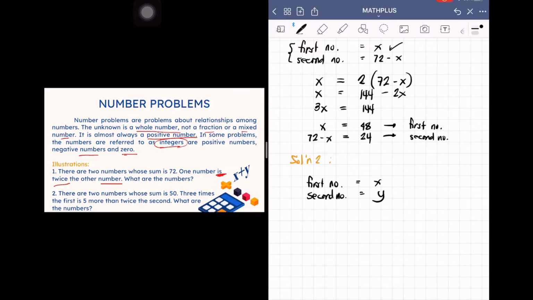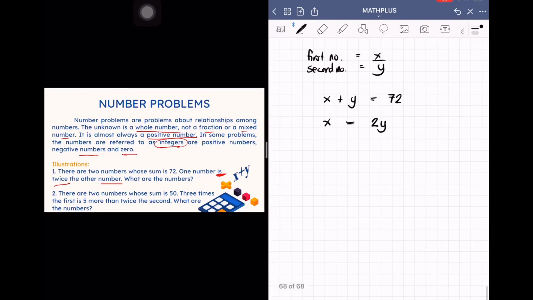The first statement says that these two numbers have a sum of 72, which means if you add x with y, you should get 72. Aside from that, if you translate the second statement, one number is twice the other, you can use x again, which is twice the other number, where the other number is y.